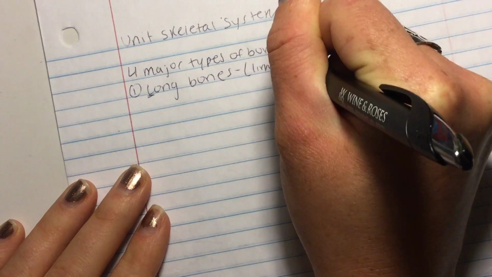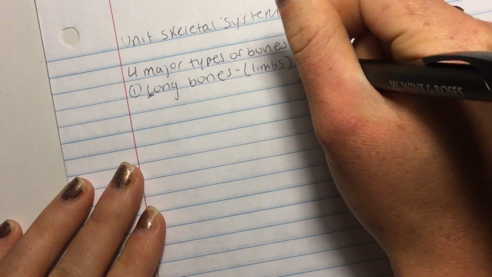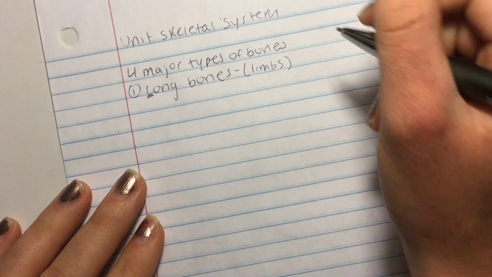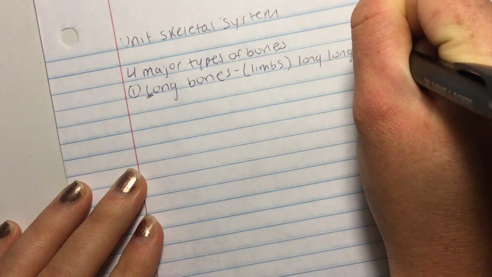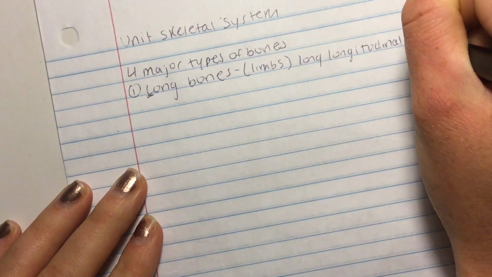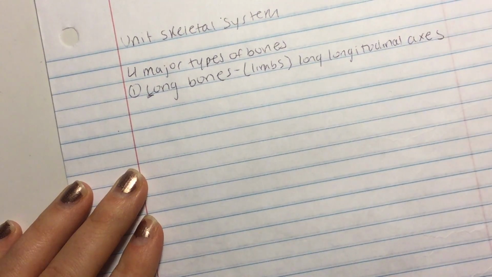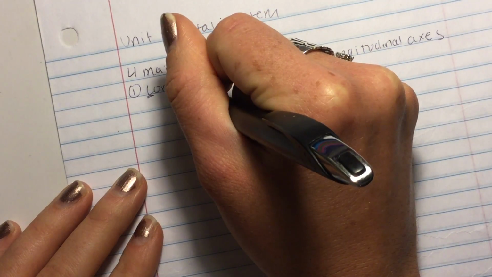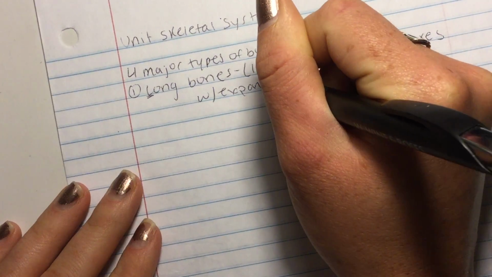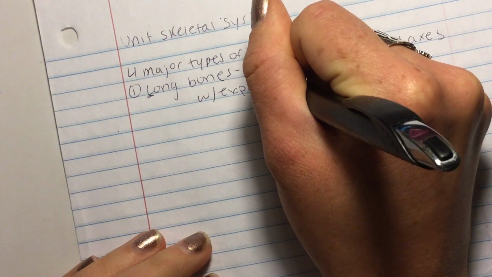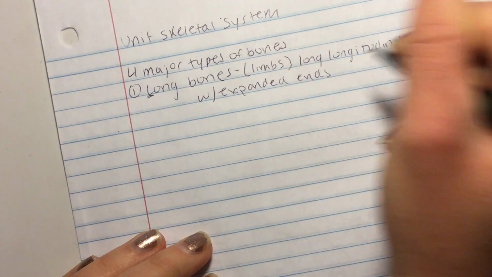Limbs. So long bones, as the name describes, have long longitudinal axes. And at the end, they have expanded ends or portions.